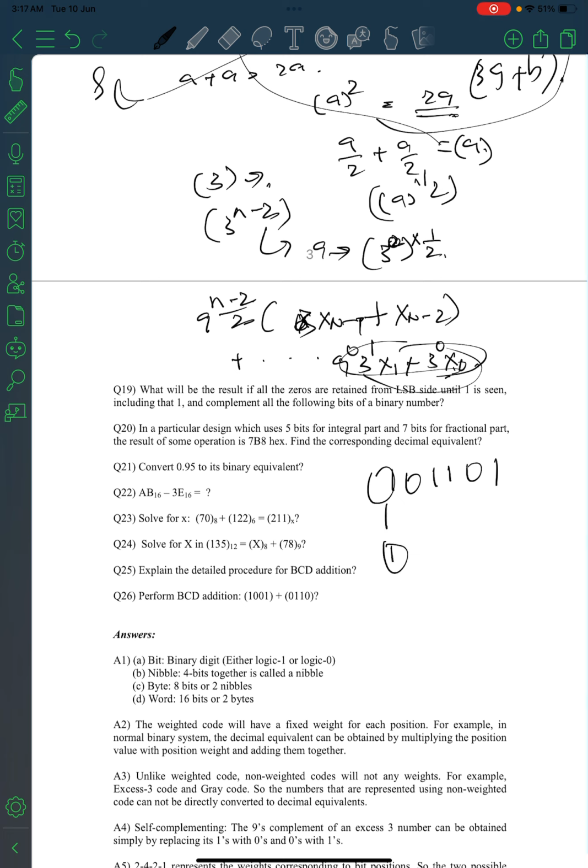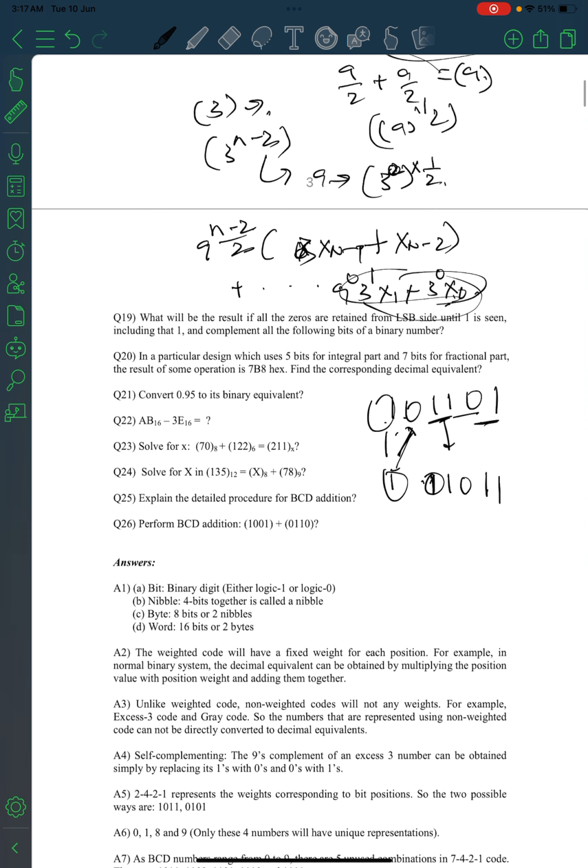Now the XOR of the next two values is 1, the XOR of these two values is 1, the XOR of these two values is 0, the XOR of these two values is 1, and the XOR of these two values is 1. That's it. So it's basically 111011. That is the answer, the Gray code.